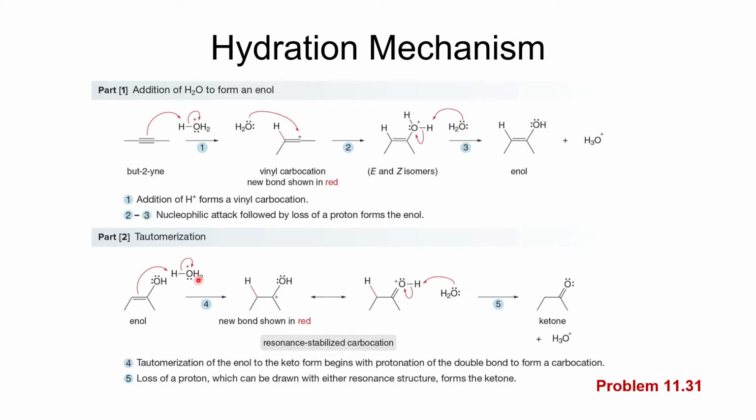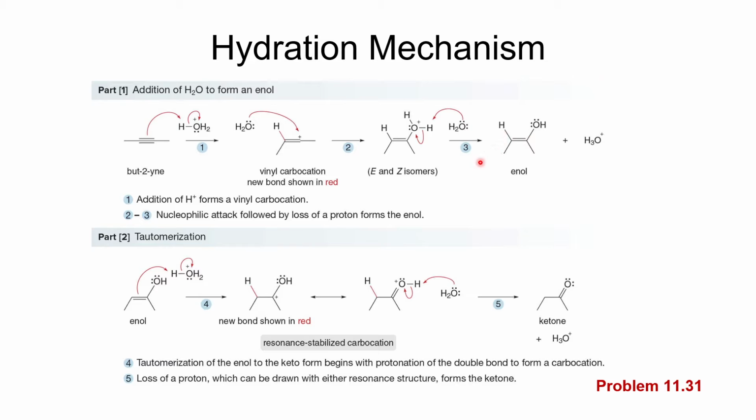All right. So as far as the entire hydration mechanism, we'll go through the steps of it. We protonate the alkyne, and that's going to form a vinyl carbocation. That vinyl carbocation will react with the water nucleophile in a second step, and then we will have a mixture of isomers if isomers are possible here, and then water comes along, deprotonates, and we have the enol.